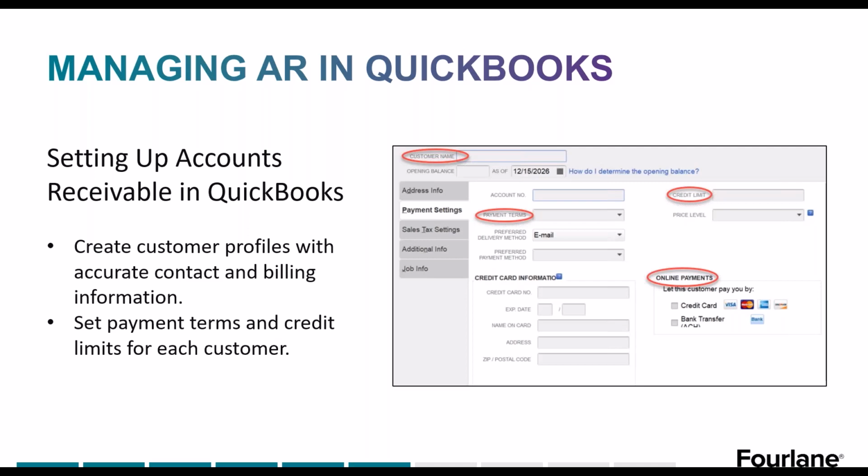You can use customized fields if you need to capture additional information like specific discounts, terms, or special instructions for billing. And you could personalize your invoice messages. So I would recommend keeping up with the customer profile. Make note you can set the payment terms and credit limits in that profile, so that's also good to be able to manage and stay on top of.